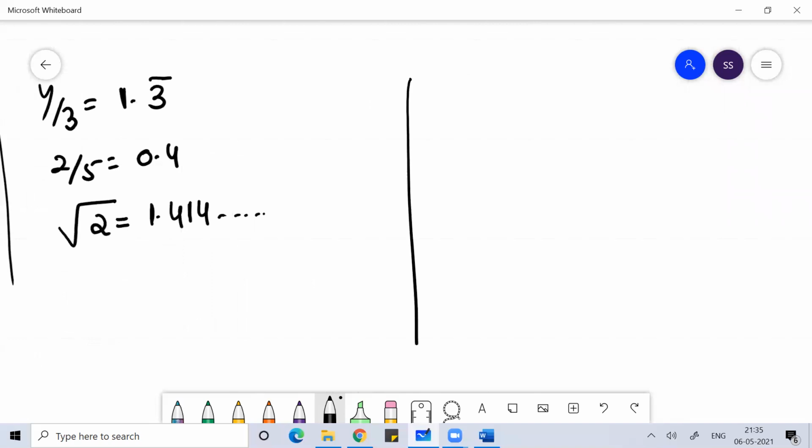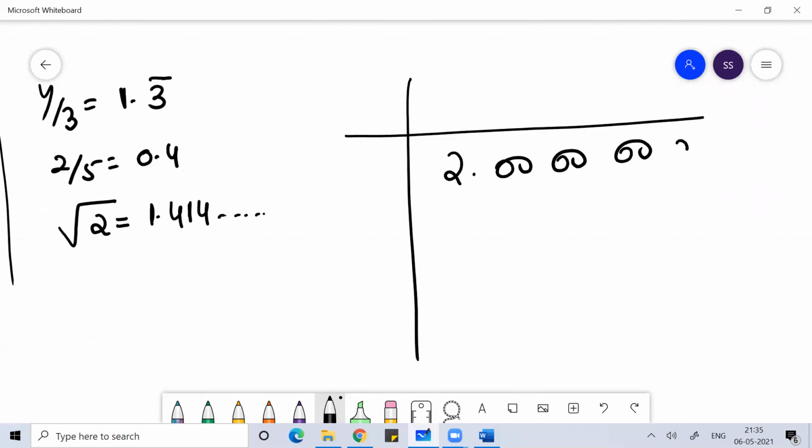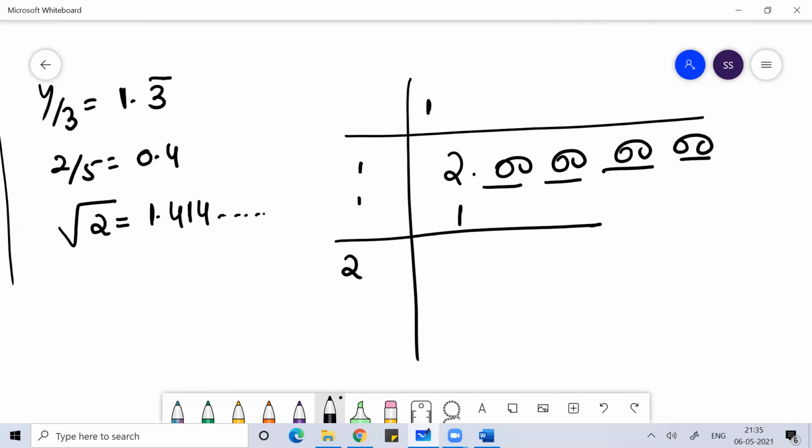If you're trying to find the value of root 2, I believe you know how to find the square root.